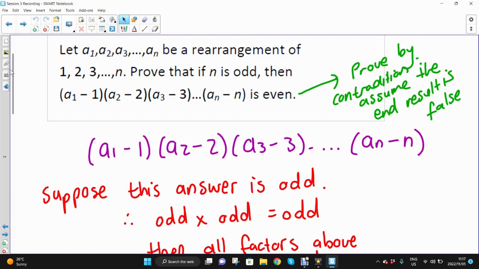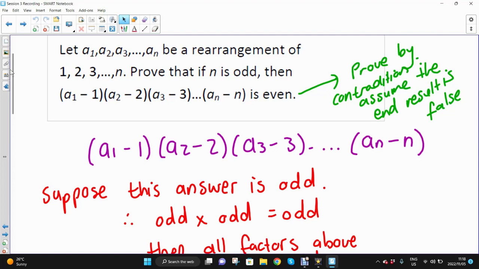Prove that if n is odd, okay, so in this case n is odd, that is a fact that we can see as a given, then the following expression, if I work that out, is going to give me an even result. So you can see there I am multiplying quite a lot of brackets together, and I want to actually prove that this answer, after I multiply all of it out, is going to give me an even number.